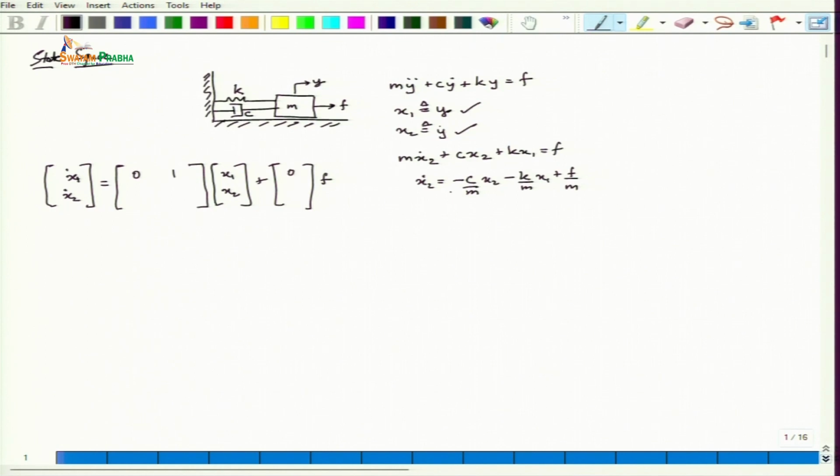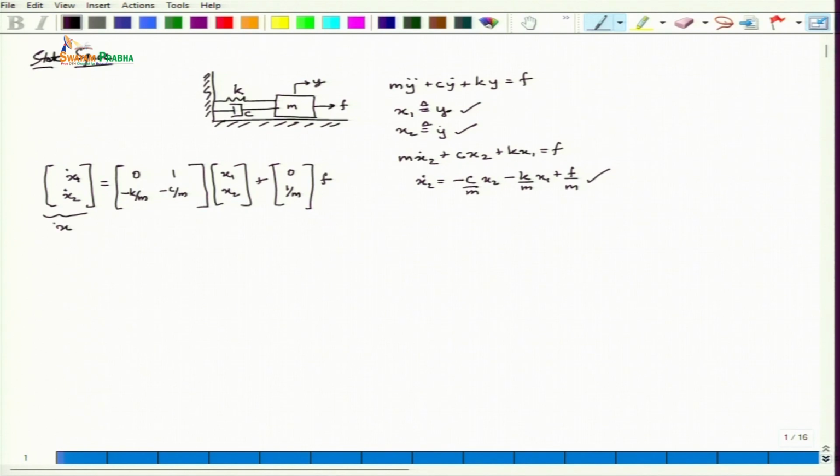For the next equation, we get minus k by m times x1 from this equation plus minus c by m times x2 plus 1 by m into F. So this is our state space equation in general form.